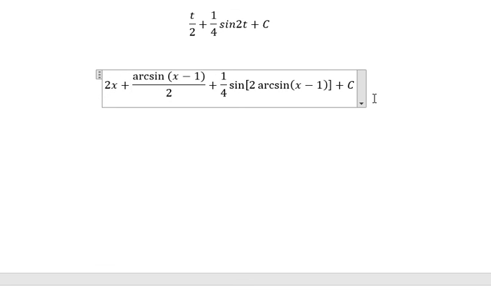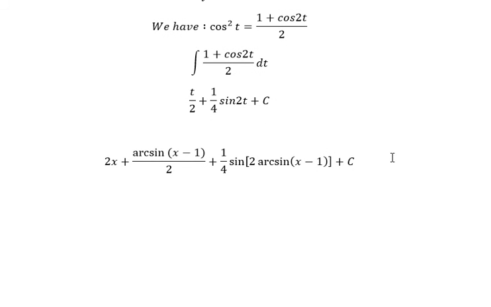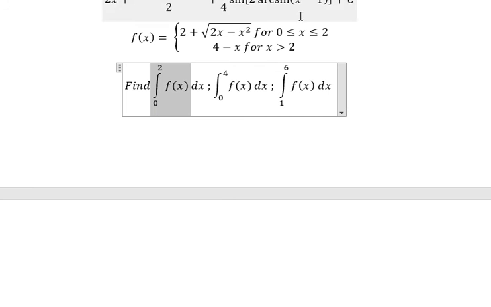So now we're going to answer this one. We have the interval from 0 to 2. We know that's the interval from 0 to 2, so we just calculate the interval of this one only.